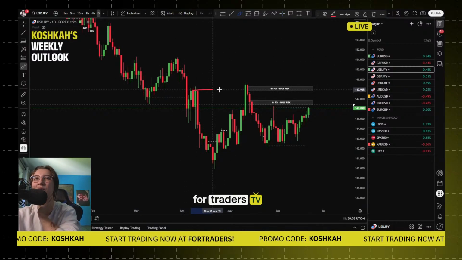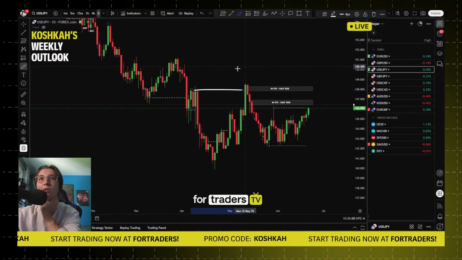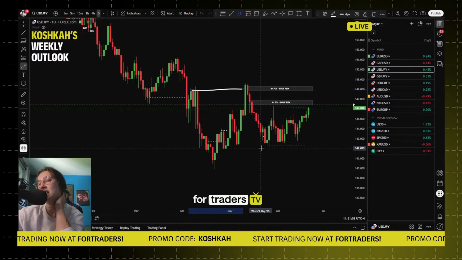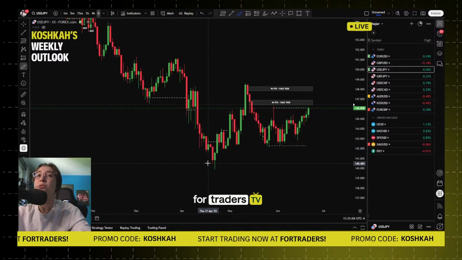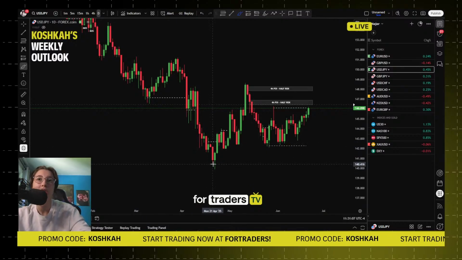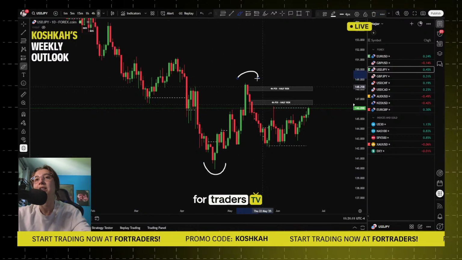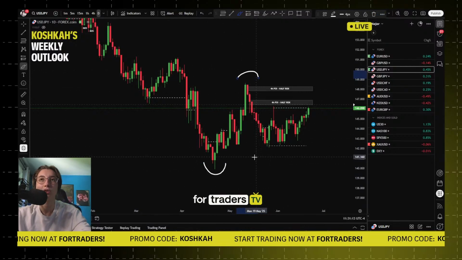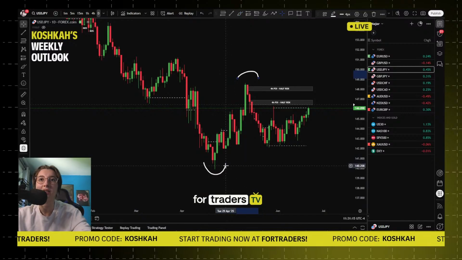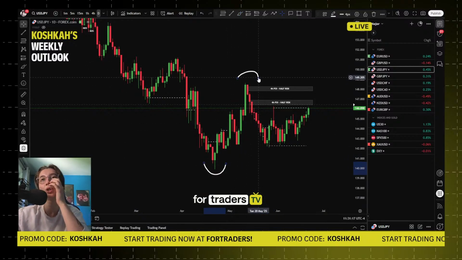Why? Because here we have a break to the upside, right? So we have a break to the upside exactly right here. That means that our range technically is bullish, so we are looking to push to the upside. Technically, this is the structure, as you can see exactly right here.